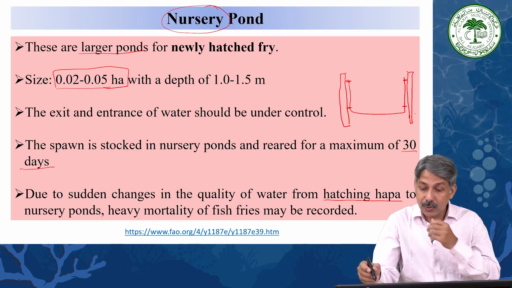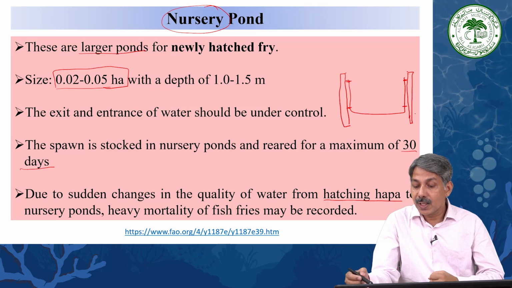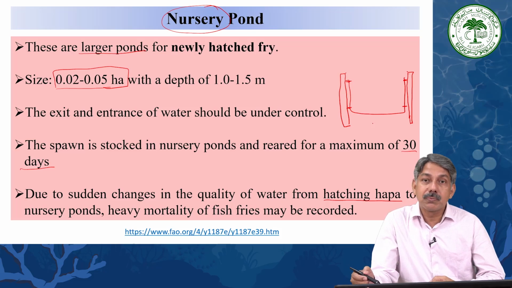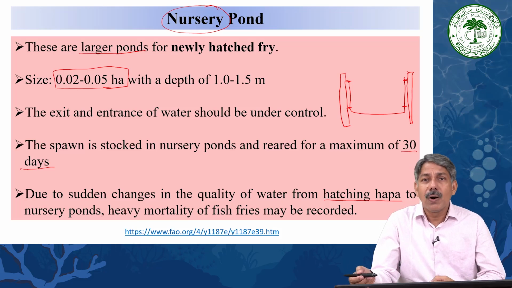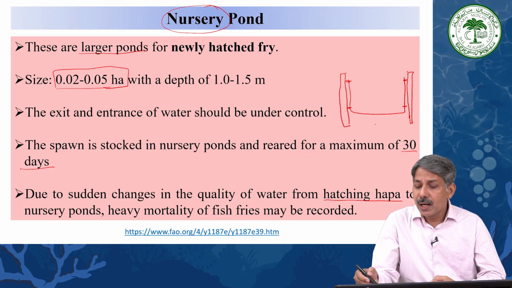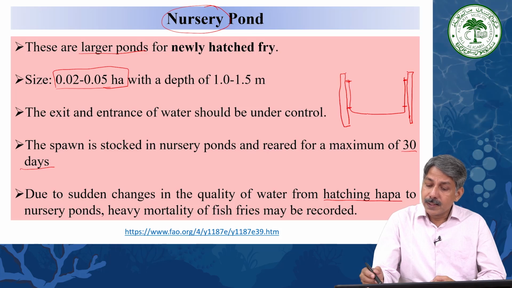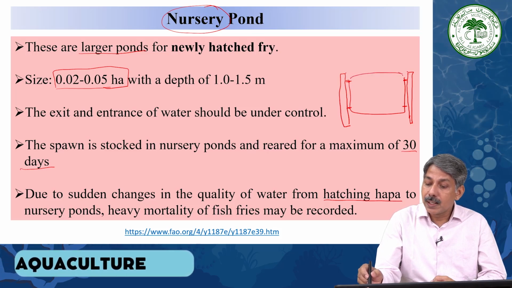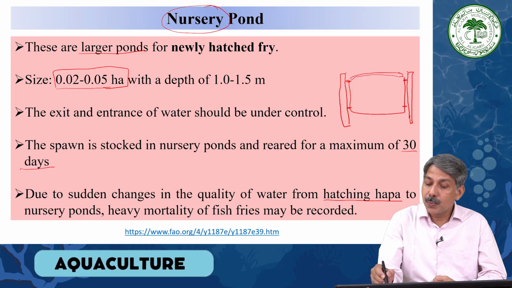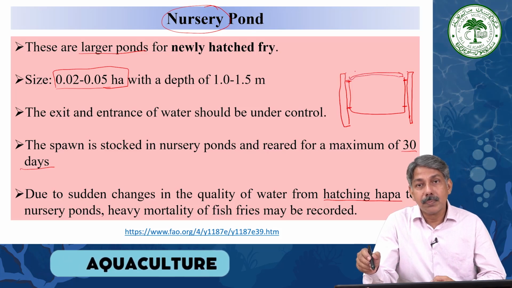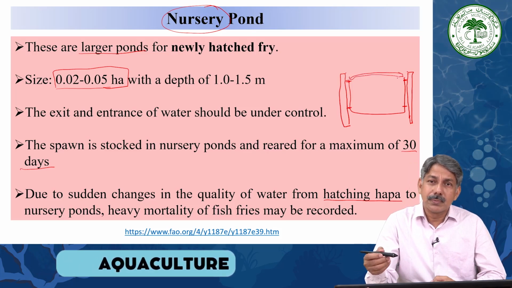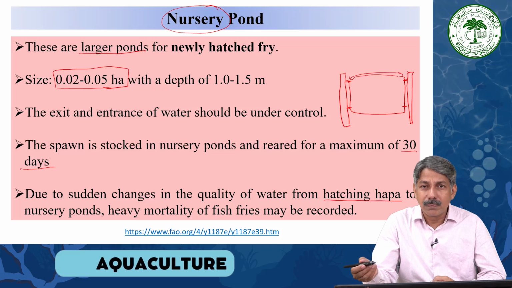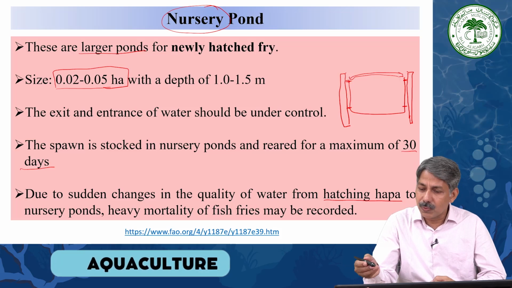This was fixed in such a way that the hapa bottom was about 1 to 1.5 feet, depending on the water depth, or sometimes 2 feet, above the pond bottom. Then this hapa also had an openable upper part, which may have a zipper or buttons or whatever.